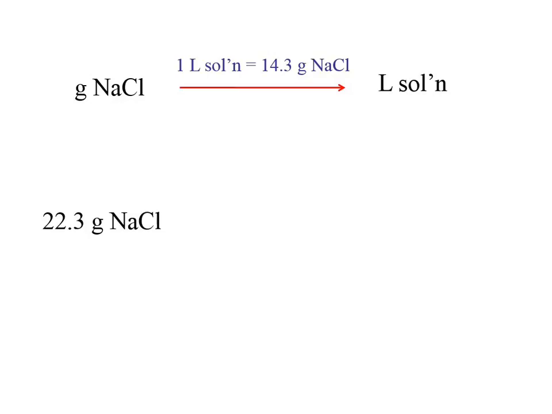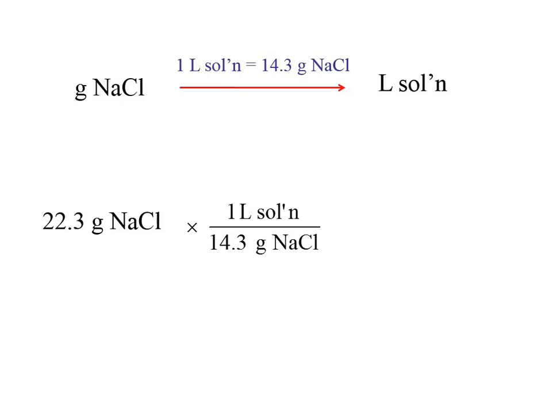That's that 22.3 grams of NaCl over 1. If I make my next term, I want grams of NaCl to cancel, and I want to be left with liters of solution. So what does that ratio look like? Yep, 1 on top and 14.3 grams of NaCl on the bottom. That's it. So our grams of NaCl cancel, and we're left with units of liters of solution.